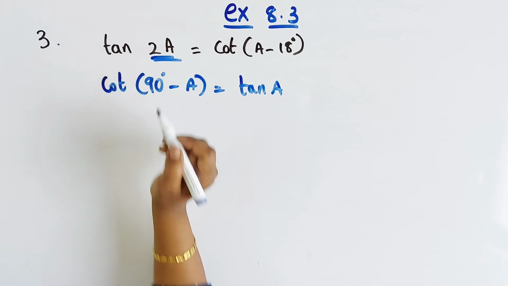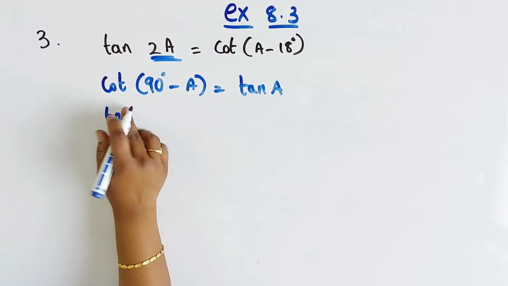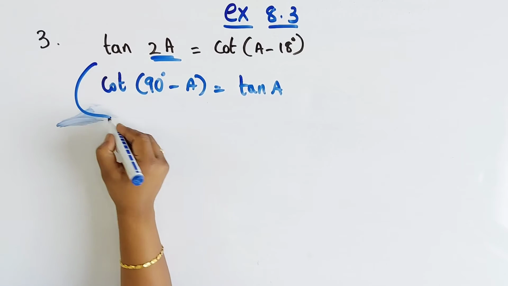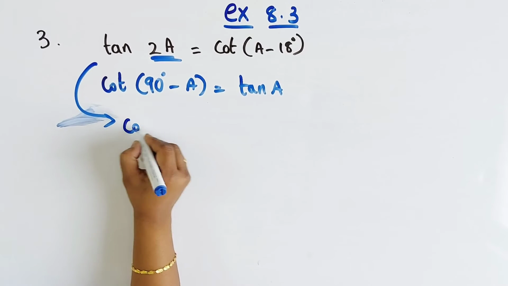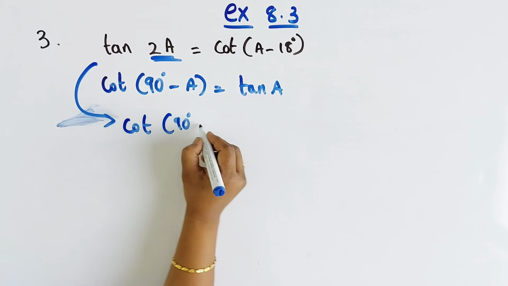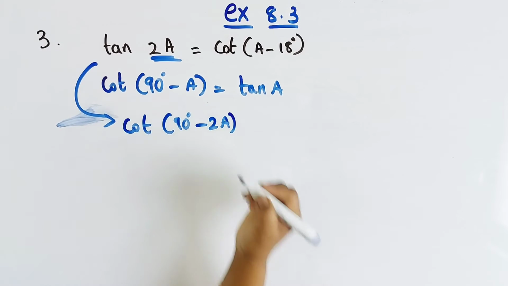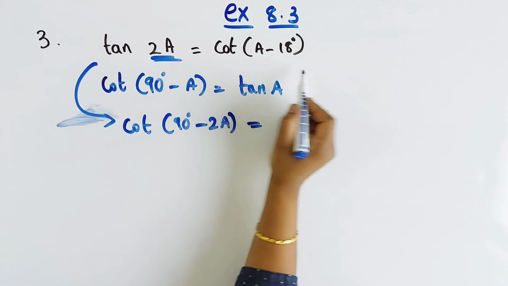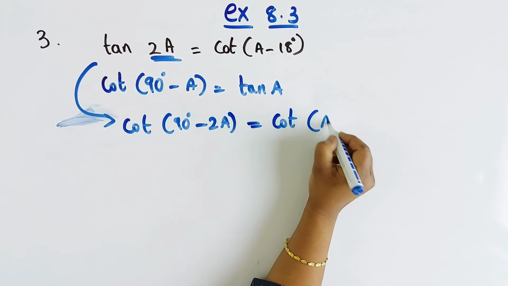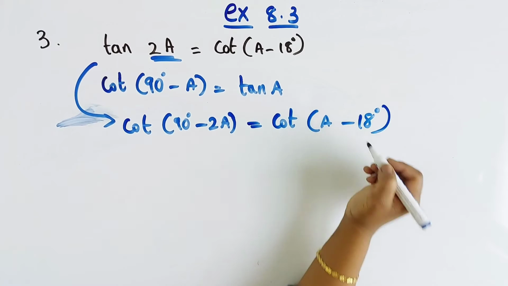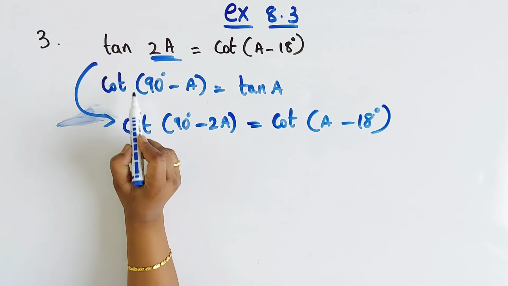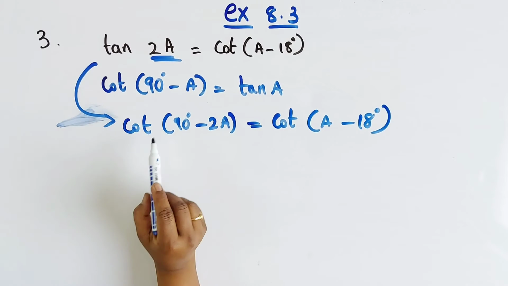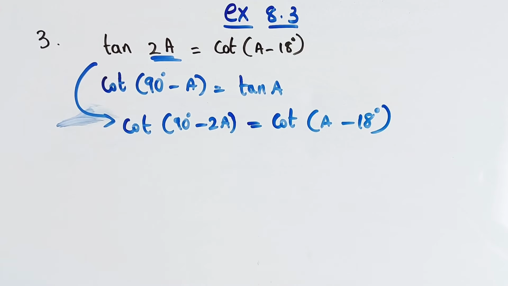Here it is 2a given, that means we can write the same thing here. Cot(90 minus 2a), right? That equals cot(a minus 18). Correct, children?